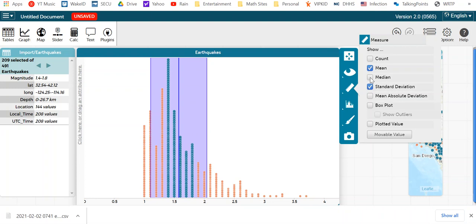Now, where was median? Median was over here at 1.4, but the mean is 1.575. And of course, part of that is that you've got some outliers up here that are dragging the mean to the right.